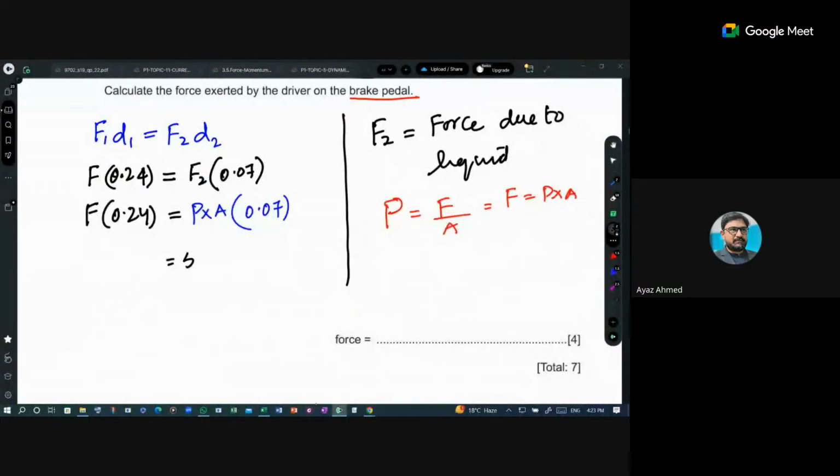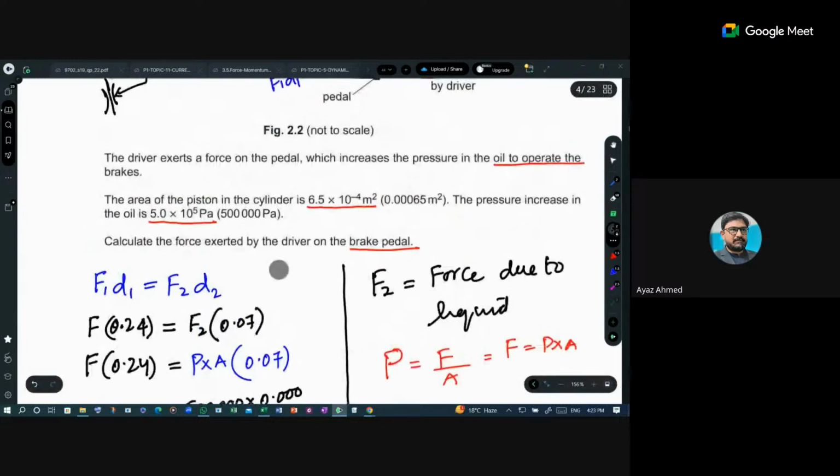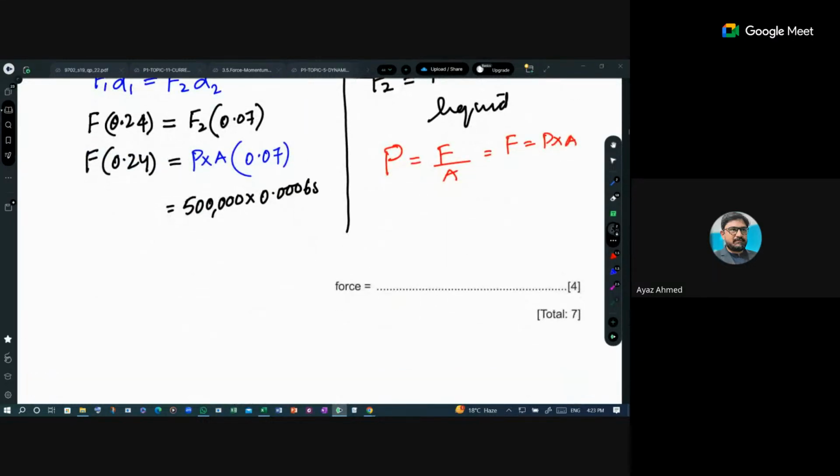So pressure is 500,000 times area is 0.00065, sorry, 65 times 0.07 whole divided by 0.24. This is your F, which is over there.